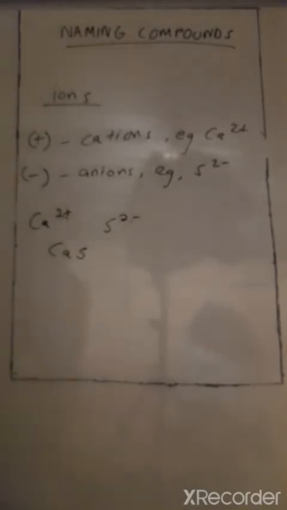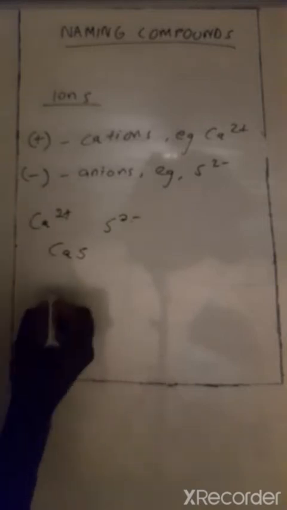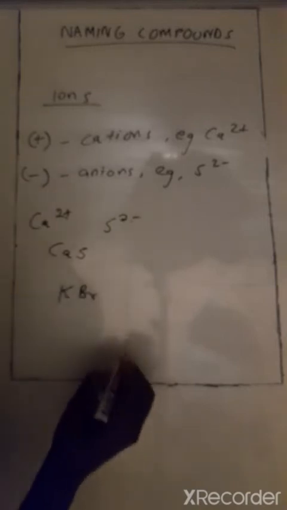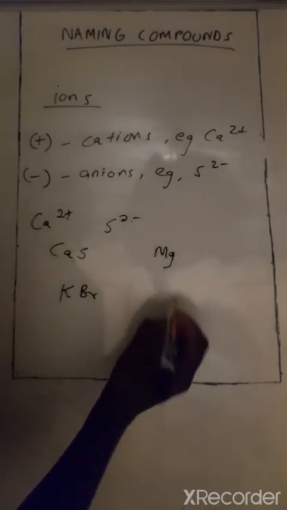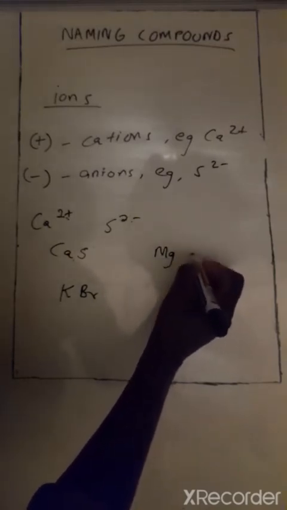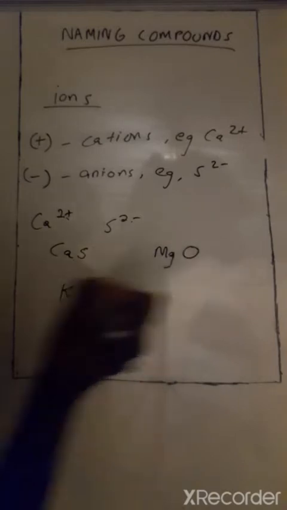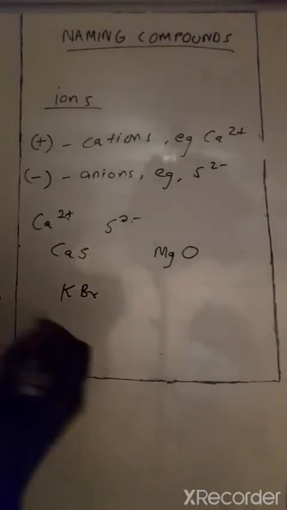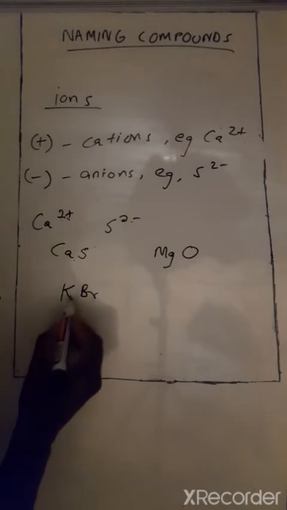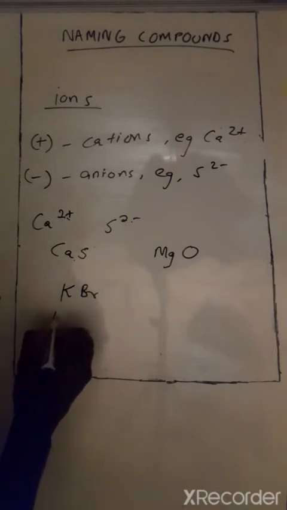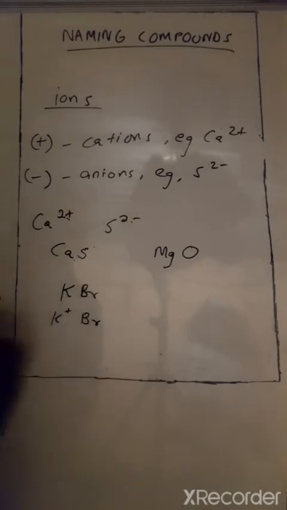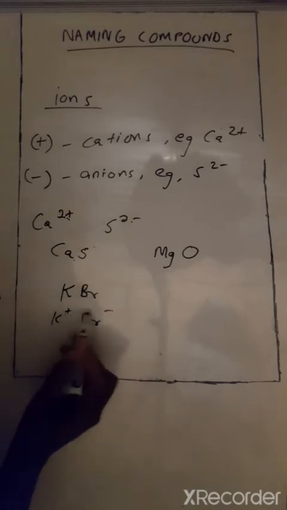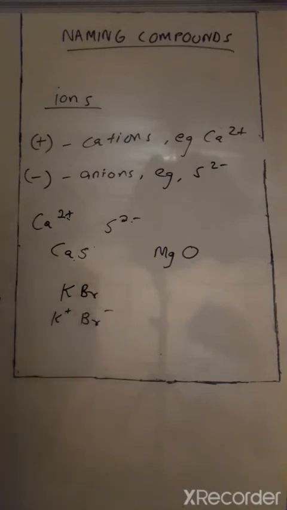All right, let me give you other examples. If, for example, KBr, and MgO. What do we call this? This is potassium bromide, okay? As you can see here, the charges are balanced, right?